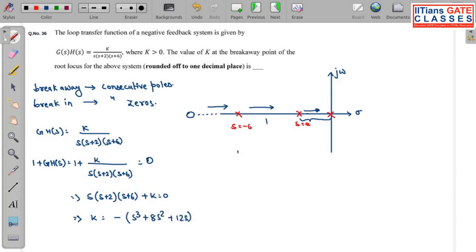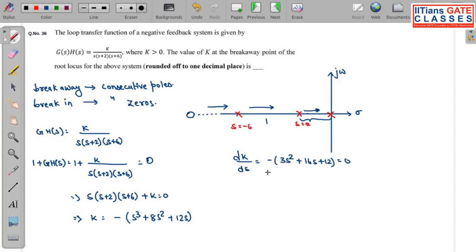Now what I need to do is differentiate with respect to s to find the breakaway point. If I do that, it will be minus 3s square plus 16s plus 12 equal to 0.